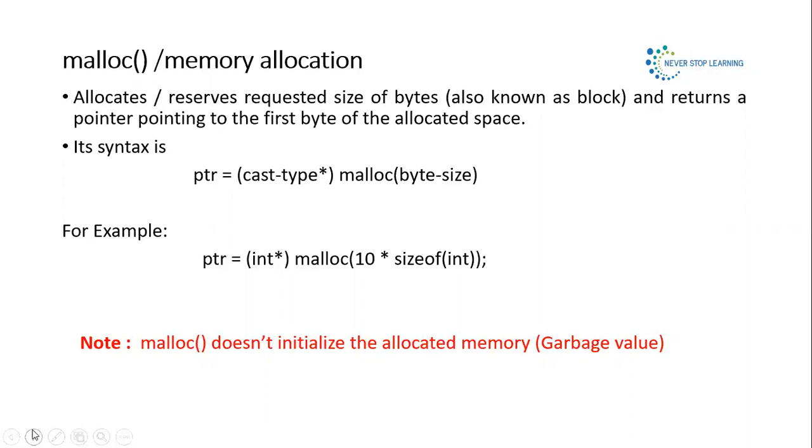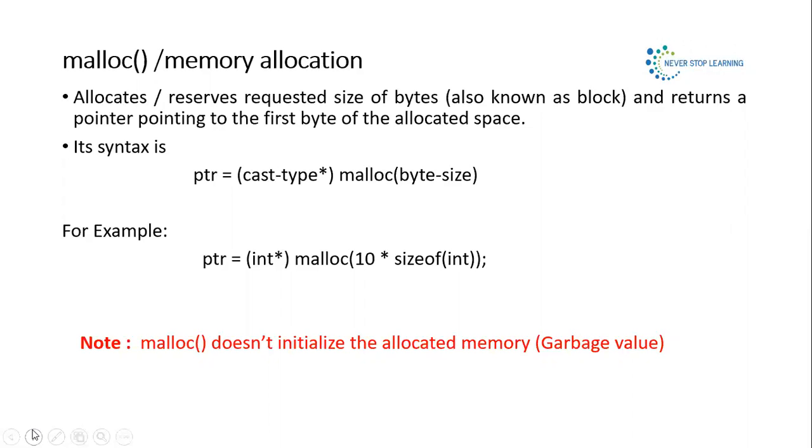Another name for malloc is memory allocation. It's a memory allocation method in C, and it is used to dynamically allocate a single large block of memory with the specific size. So whatever size the user is requesting, that many bytes, or that much bigger block, will be allocated.